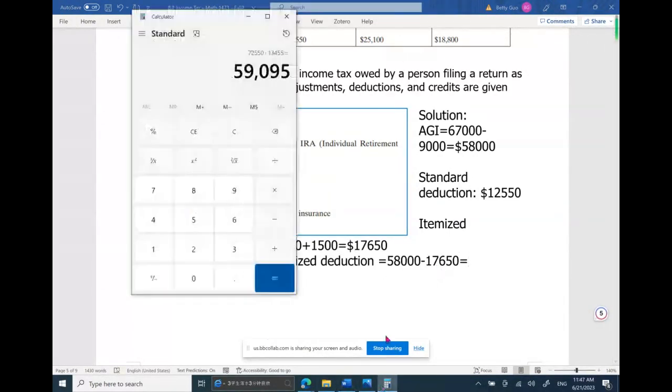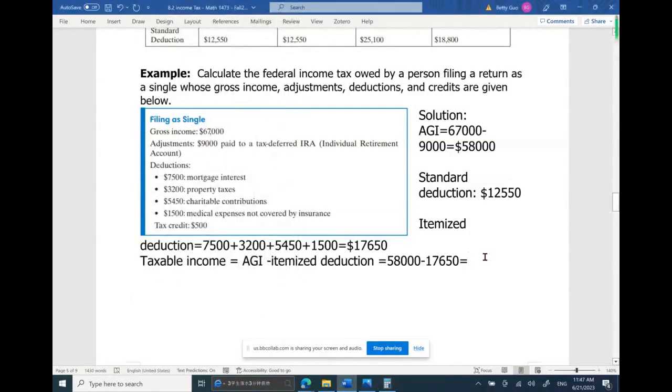Let's use a calculator. 58,000 minus 17,650 is 40,350. Right, that's the taxable income.